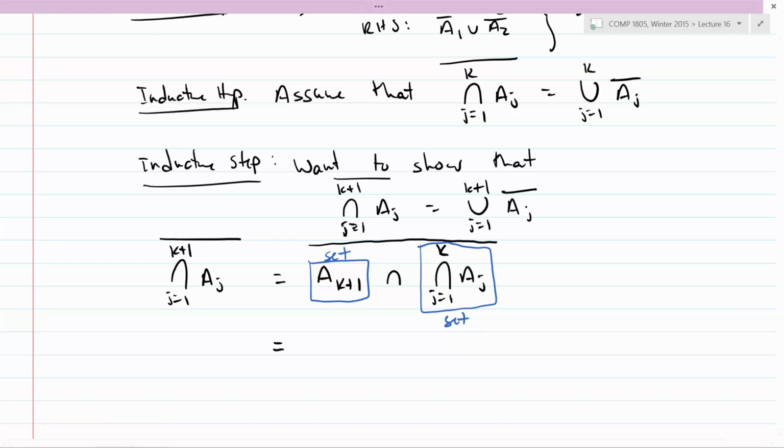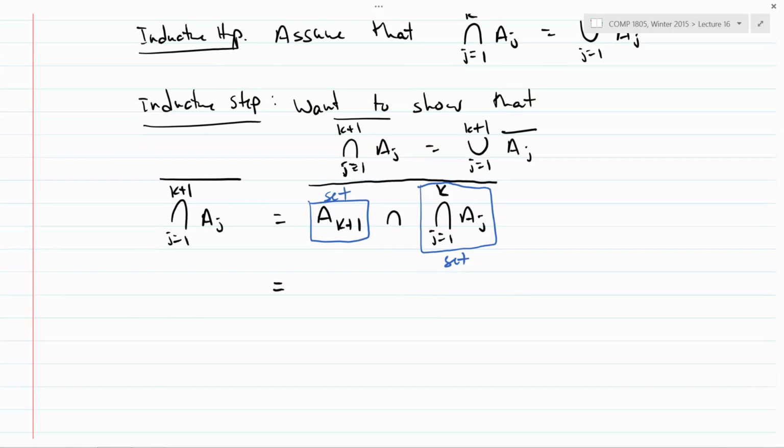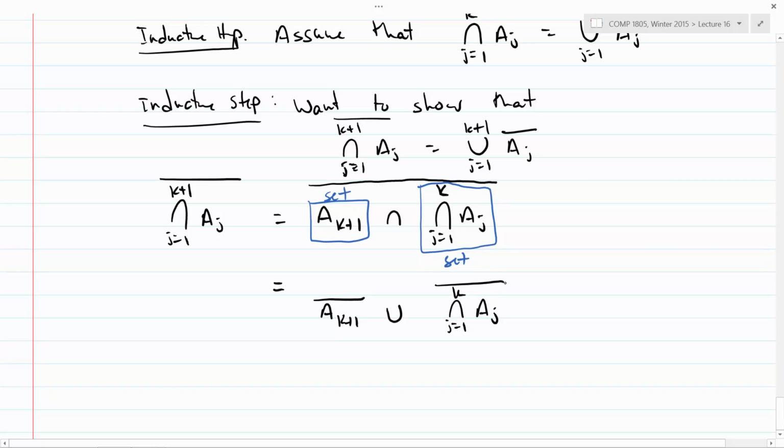So that means I can use De Morgan's law, which works if you have two sets. So this thing here is exactly the same as ak plus 1 complement union the intersection from j equals 1 to k of aj complement. I'm treating that big intersection as one single set, because when you intersect a bunch of sets, you get a set. Is that okay?